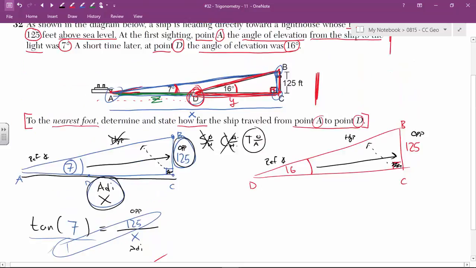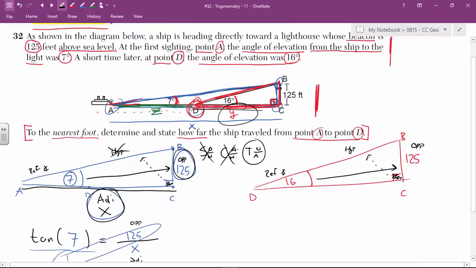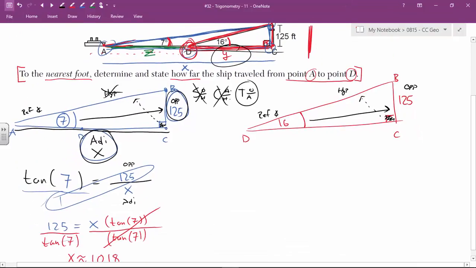The thing I'm looking for is y. It's that side DC. So this is the side I'm looking for, and that happens to be the adjacent. So I don't care about the hypotenuse. That's why I can cross out sine and cosine. I'm really interested in tangent because I have my opposite, and I'm looking for the adjacent.